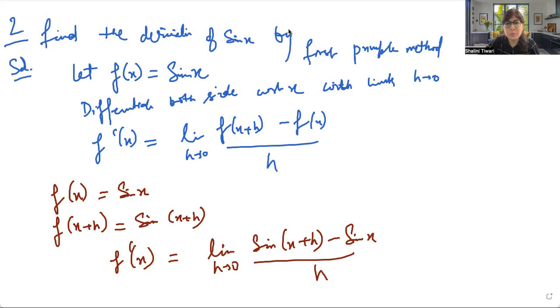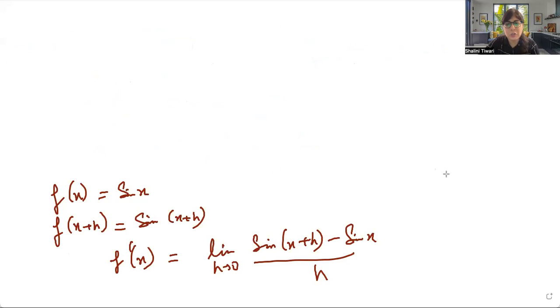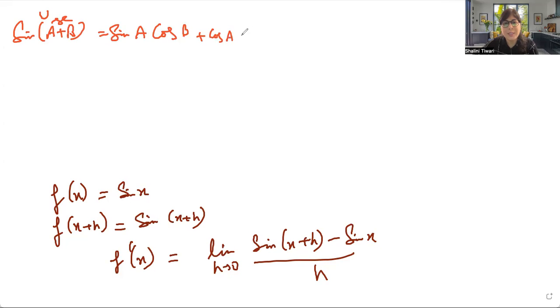Now we use the formula of sine of x plus h. So what is the formula for sine of x plus h? It is sine of a plus b. We'll use this formula. So we always write the formula when we are using it: sine a cos b plus cos a sine b.